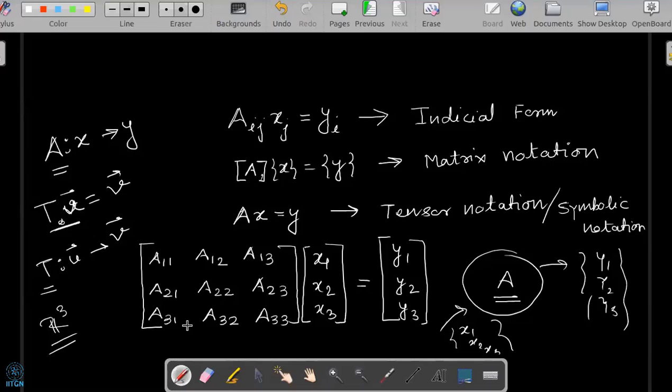Any question, please? Sir, is there any geometrical representation of tensor, like what we have for vectors? Yes, for stress, we have seen the geometrical representation as well.